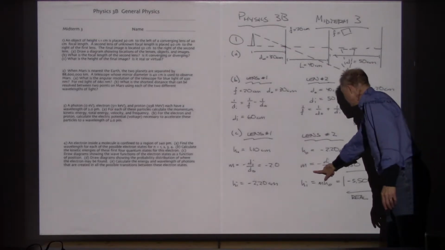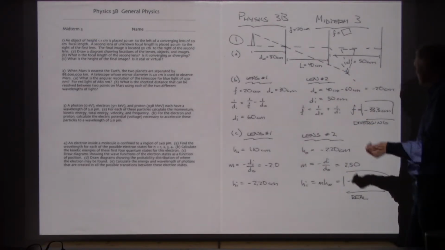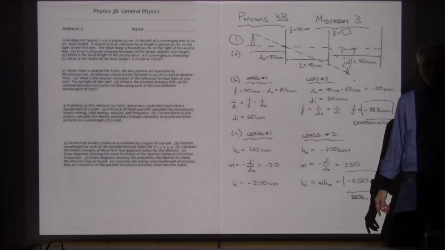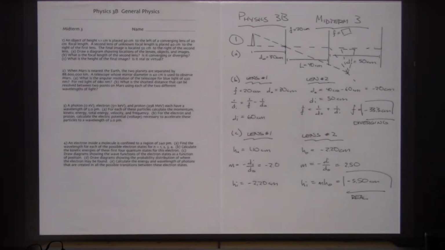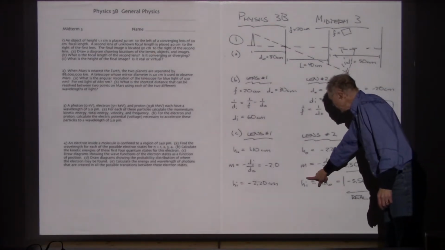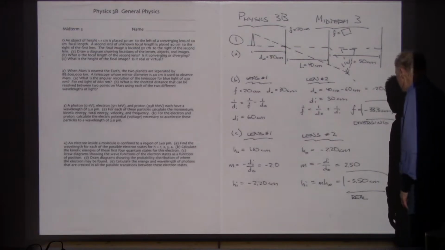The magnification here is going to be 2.5 based on my DI and my DO measurements, but it's going to be positive. The diverging lens is not going to create an inversion the way that the converging lens did. And so HI is equal to M times HO, putting those numbers in.